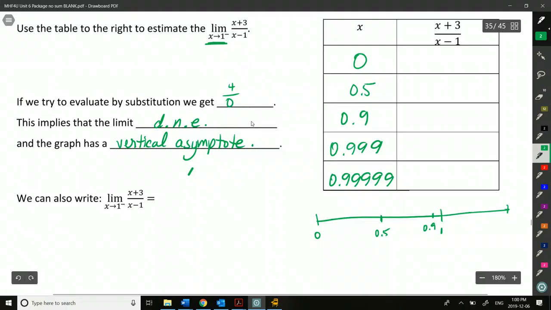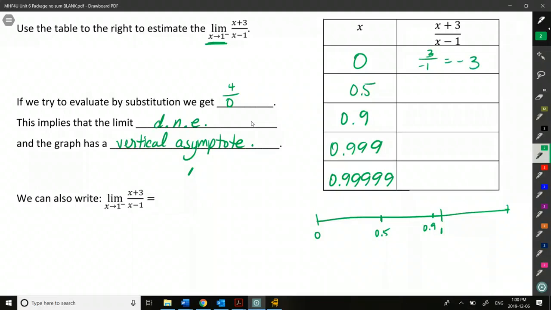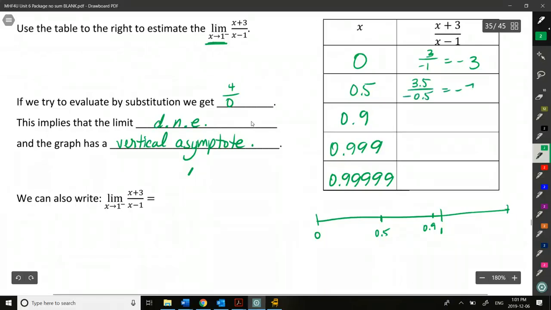So if we try out 0, we're going to get 3 over negative 1. That's going to give us negative 3. Okay, if we sub in 0.5 here, I'm going to get 3.5 over negative 0.5. And that will give us negative 7. Okay, subbing in 0.9, we'll get 3.9 divided by negative 0.1 gives us negative 39.